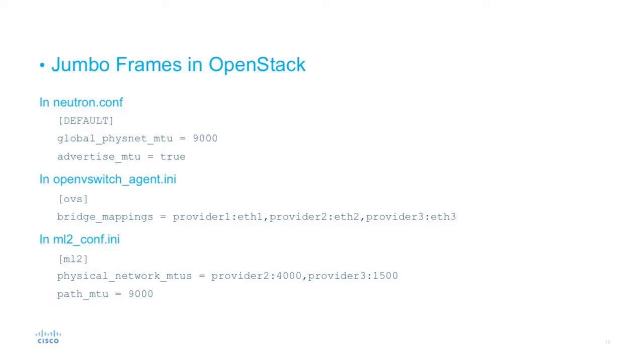And then update the Open vSwitch agent.ini with the right bridge mappings. The bridge mapping has to match the name of the network that has 9000 MTU enabled. And in ML2, we also have to mention what networks should have what packet size, or MTUs, in physical network MTUs. And then finally, path MTU is 9000.